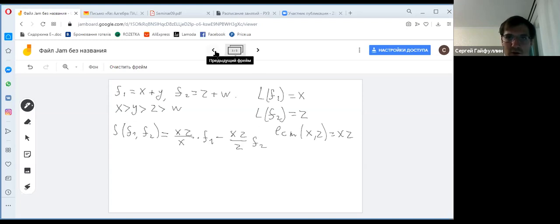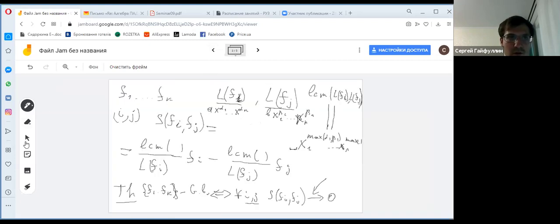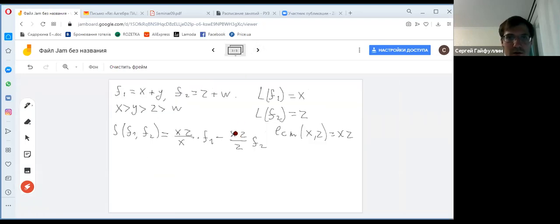This is just this formula. Here it is: this is the lowest common multiple, and this is the leading term of this guy, multiplied by this. And this is the lowest common multiple divided by the leading term of f2, and multiplied by f2, and minus here.